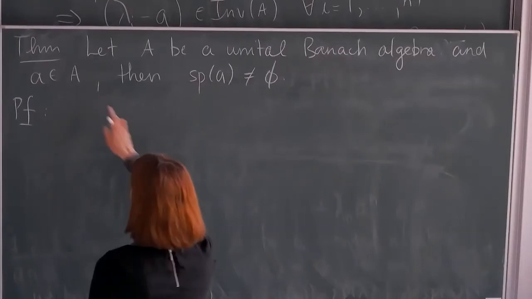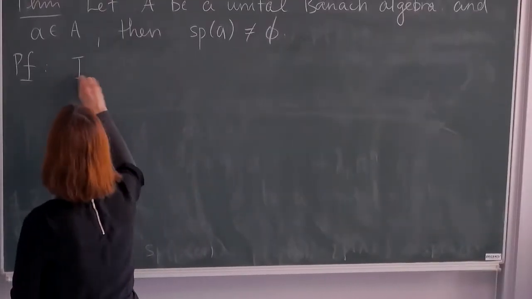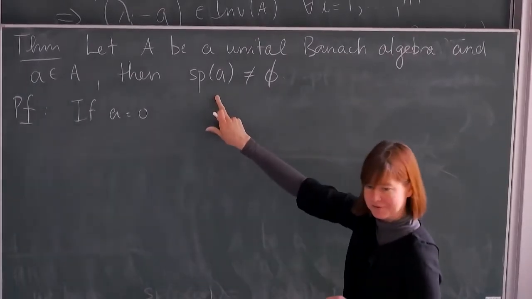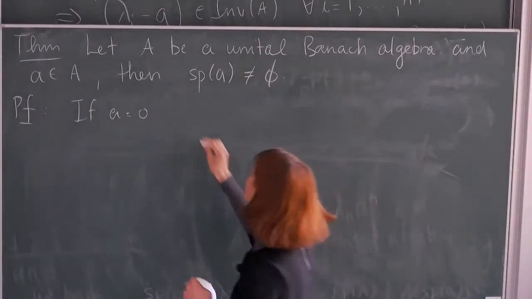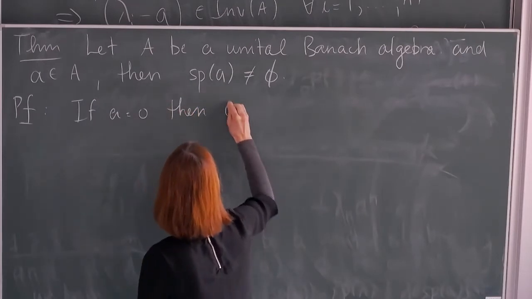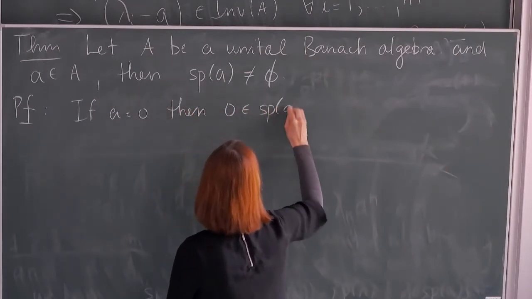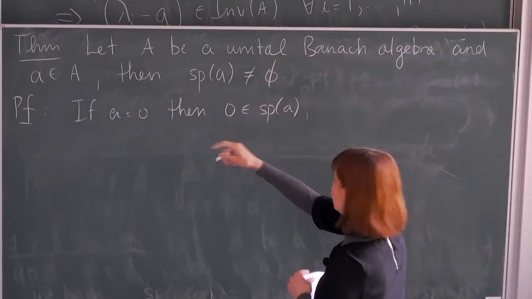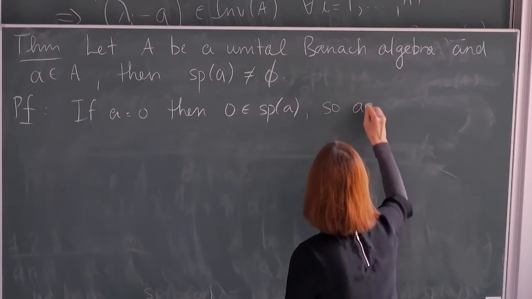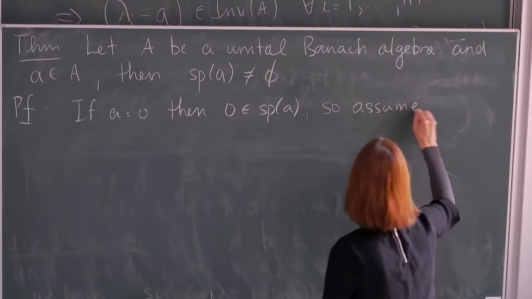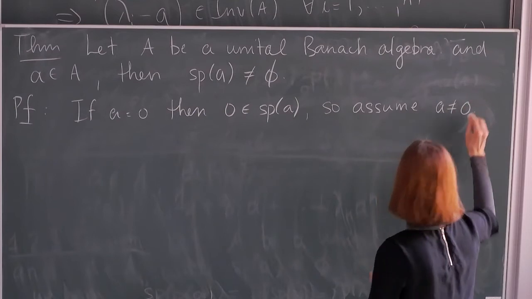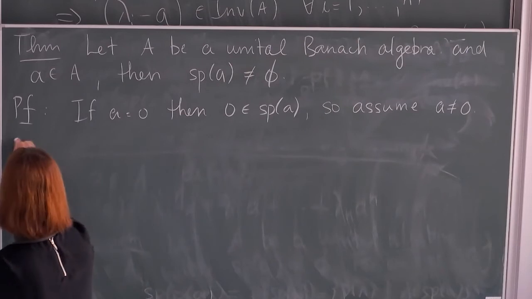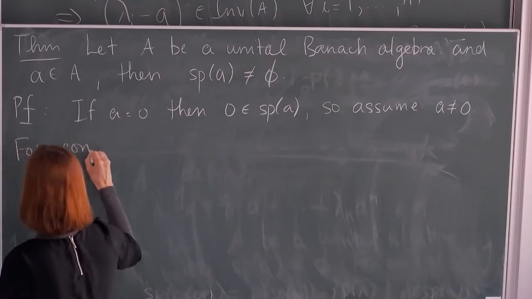Okay, so first of all, if A happens to be 0, then the spectrum of A will contain 0, so it's clearly non-empty. So let's assume that A is non-zero. Now for a contradiction, let's assume that the spectrum is empty.